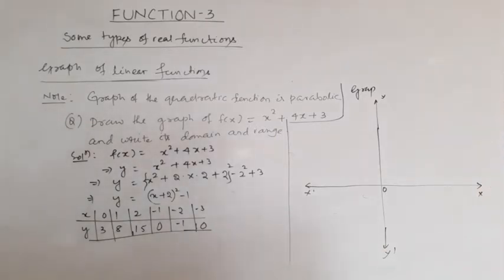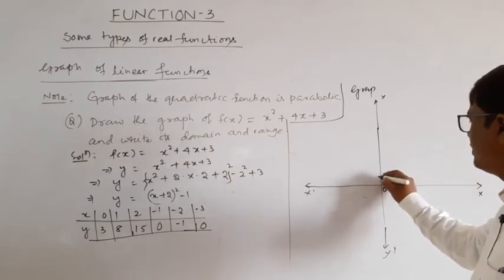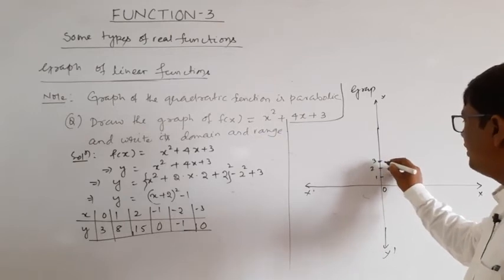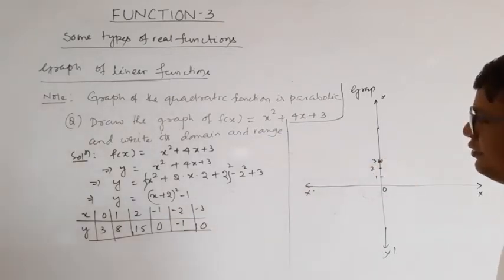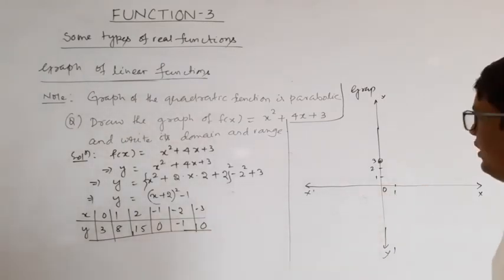X is equal to 0, y equal to 3. Suppose this is 1, 2 and this is 3. X is equal to 1, y is equal to 8.